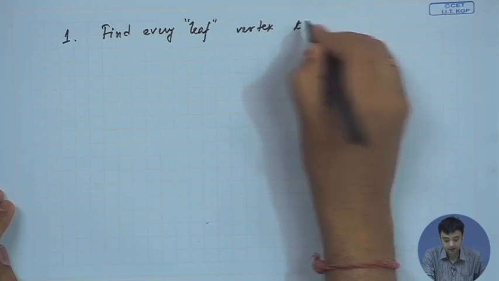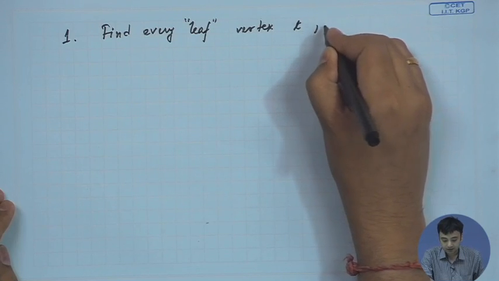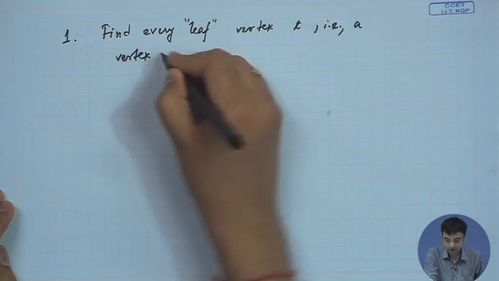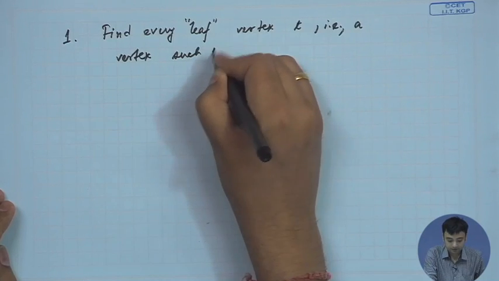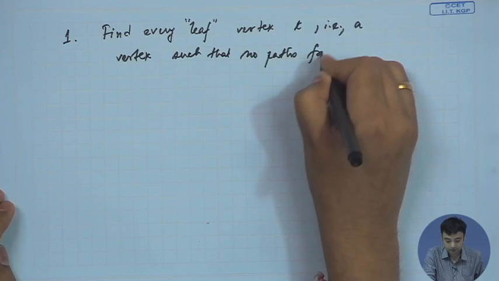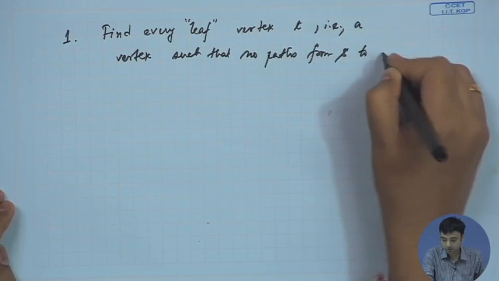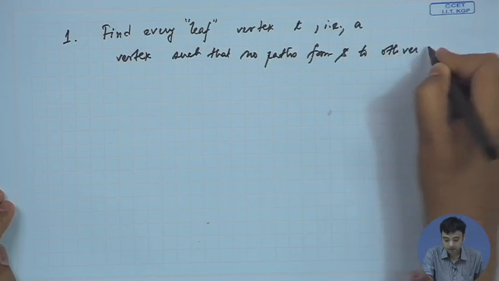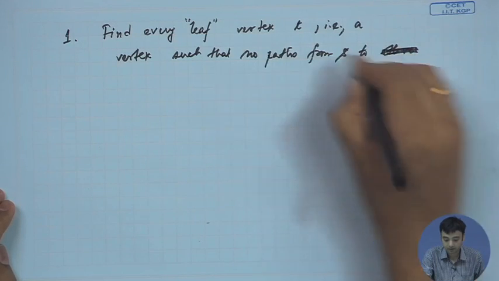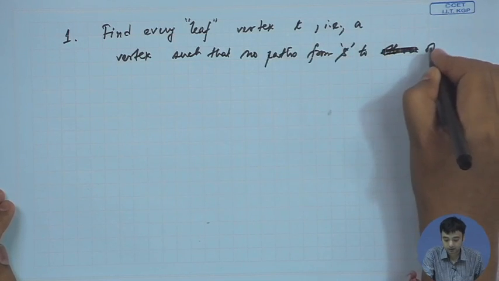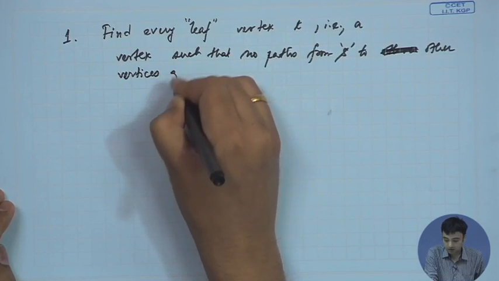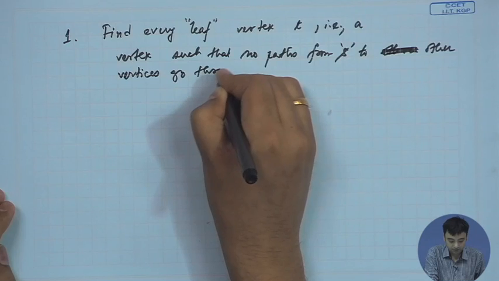Every leaf vertex T, that is a vertex such that no paths from the source S to other vertices go through T.